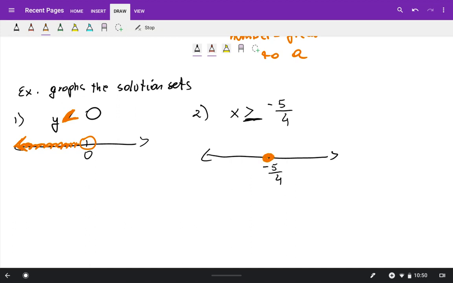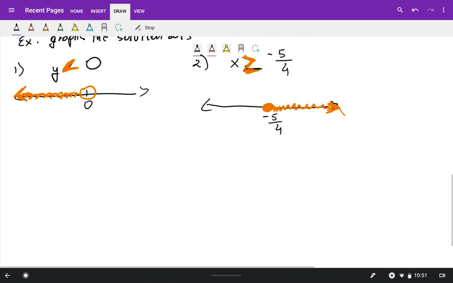The direction of the inequality matches the direction of the number line, so I'm shading everything to the right. My circle next to -5/4 is closed because we're including -5/4.